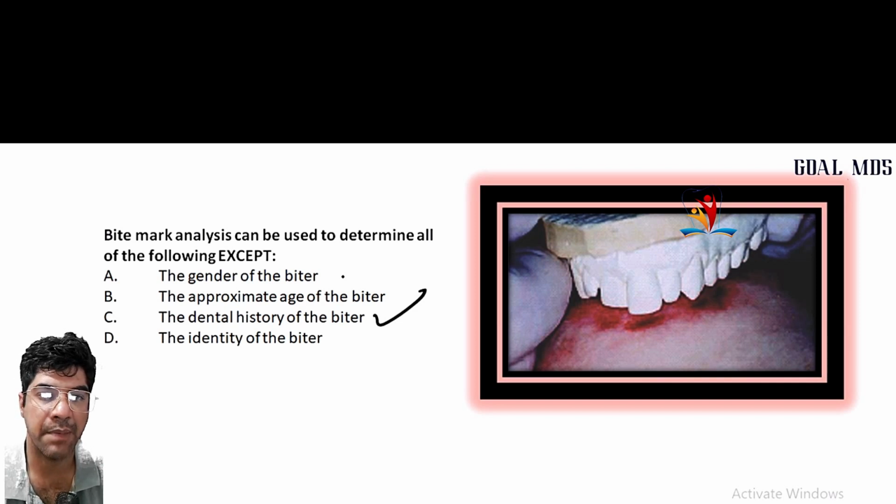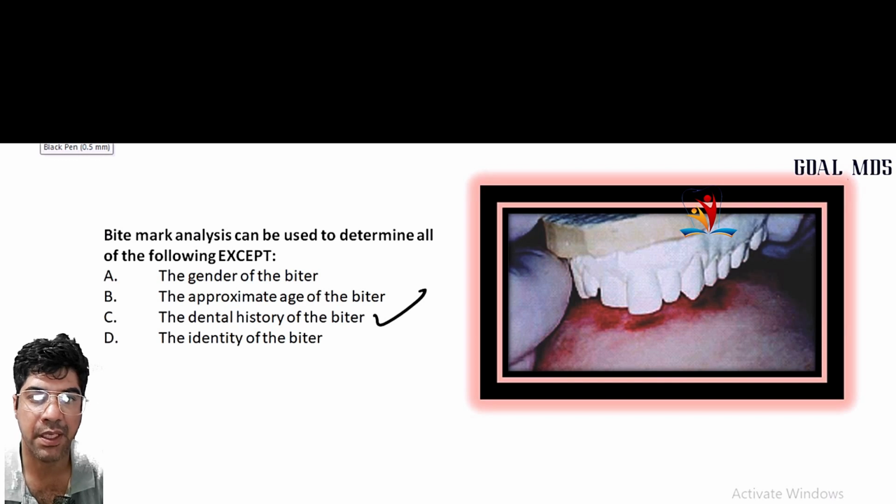In some cases, bite mark analysis may provide a clue about the gender of the biter, such as the size and shape of the dental arches or the spacing of the teeth. Second is the approximate age of the biter. One can identify this by the development and wear pattern of their teeth, their eruption pattern. One can identify the approximate age of the biter.